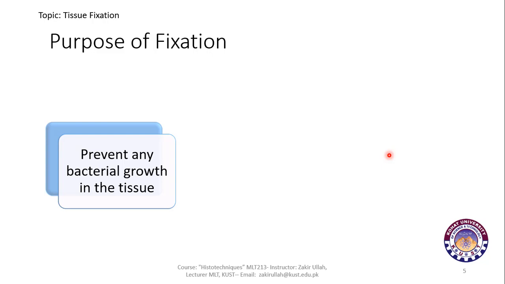These bacteria or fungi destroy the tissue after it is removed from the living body. So, one purpose of fixation is prevention of bacterial, fungal or microbial growth in the tissues.